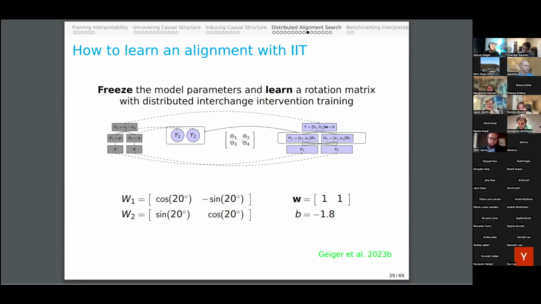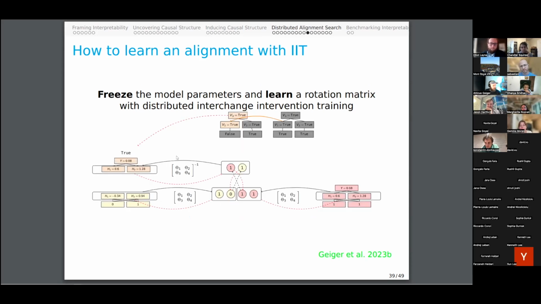If you do this for a whole training data set and continually update this rotation matrix, it will, if it's possible, move information from H1 and H2 to Y1 in a way that will succeed and reveal the abstraction relationship between the models. Of course, this isn't guaranteed to happen in general, but that's the idea.